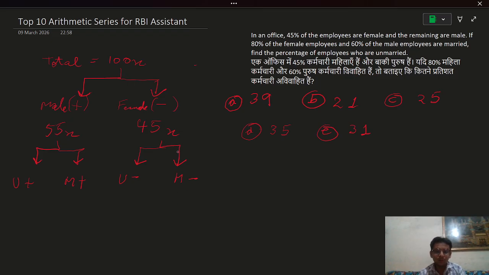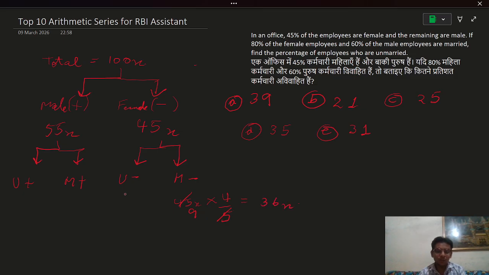80% of the females: 80% of 45x. I know 80% is 4 by 5, or you can simply find it as 80 by 100, which reduces to 4 by 5. So it will become 36x.